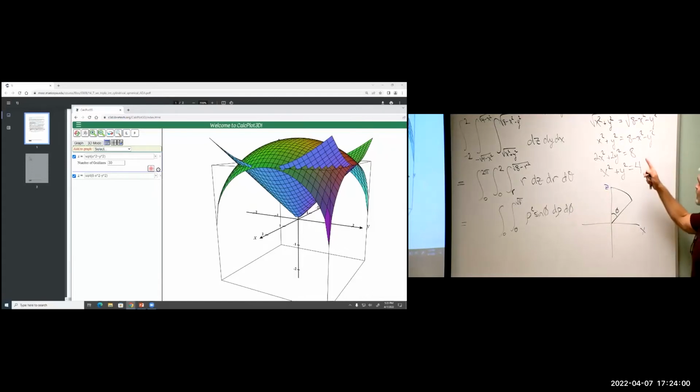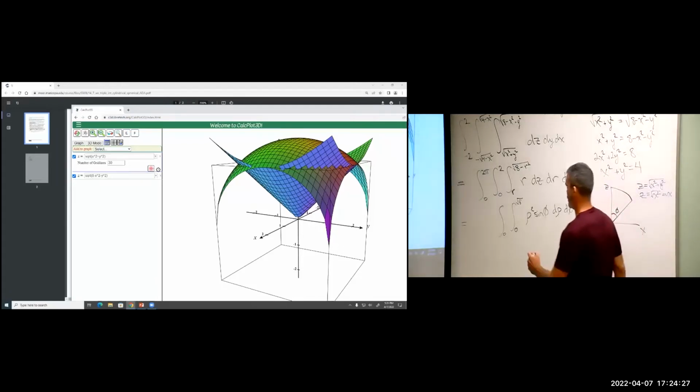In other words, we're going to set y equal to 0. So remember that the cone was made by square root of x squared plus y squared. But we're setting y to 0. So z equals square root of x squared, or z equals x. Now, the reason that's important, that tells us that this is a 45-degree line. So phi is going to be pi over 4.